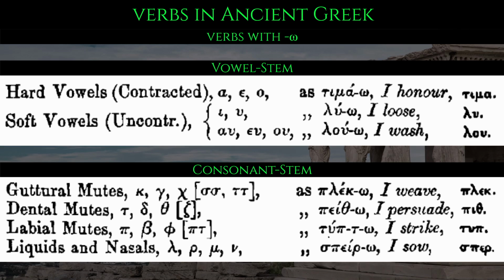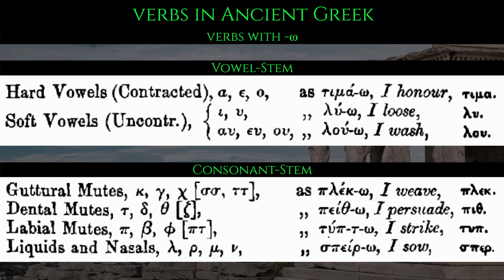So, now back to the two groups of verbs, and let's have a look at the verbs with omega, because they can be even further divided by their verb stem. Here we have two overall groups. The first group is with vowel stems, and here we have two subgroups. First, the hard vowels, those are contracted.